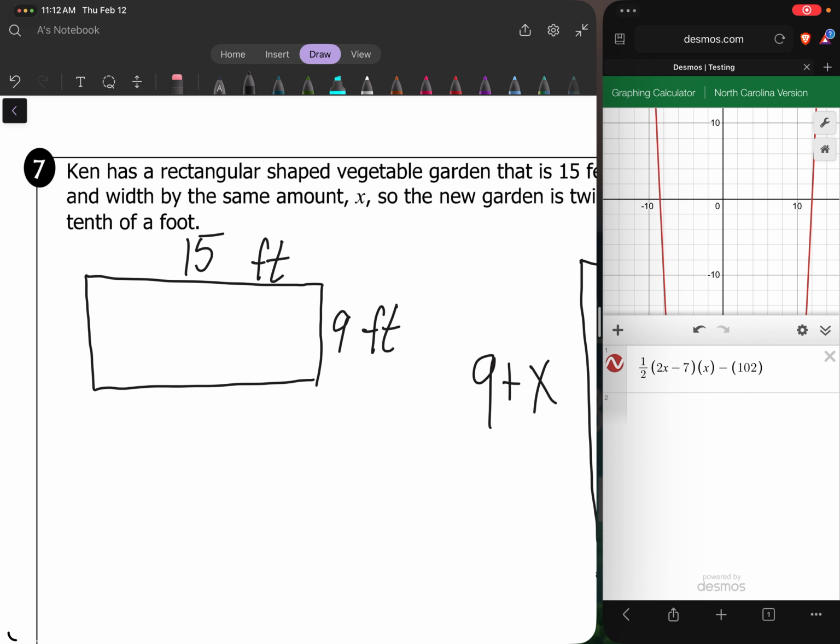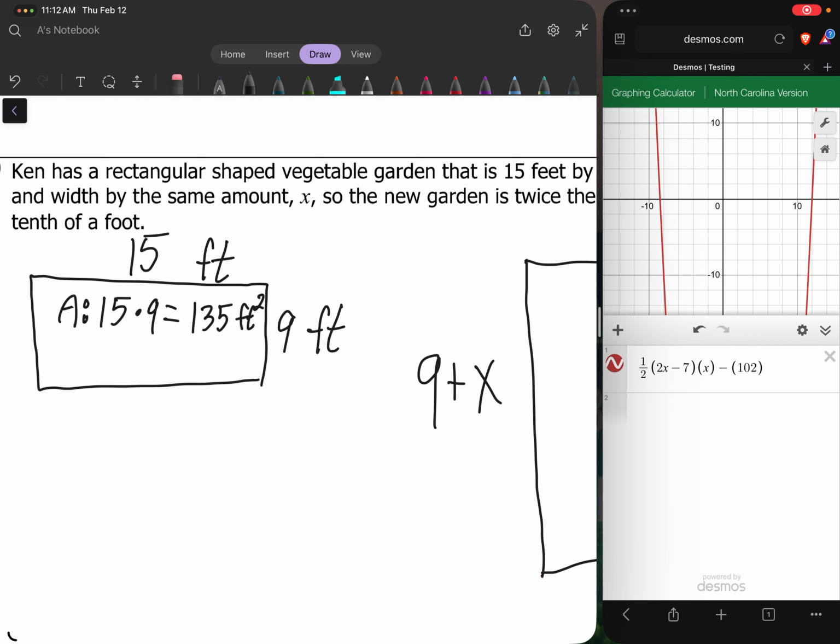Well, I need to know what the area is of this first rectangle. So 15 times 9. This is 135 feet squared.